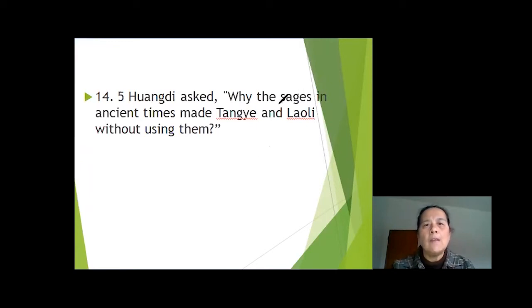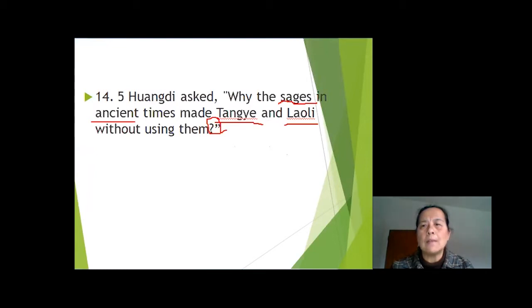Then Huangdi asked, so the surgeons in the ancient time made 汤液醪醴. They made a rice kind of soup and wine without using them. Why? They made it, but they did not use it. Why?